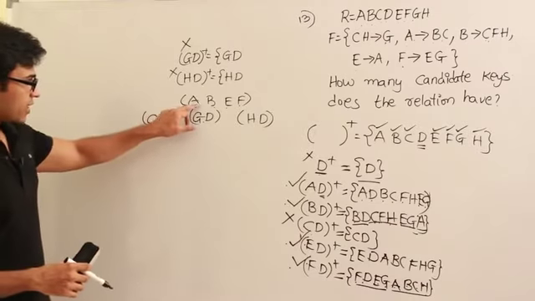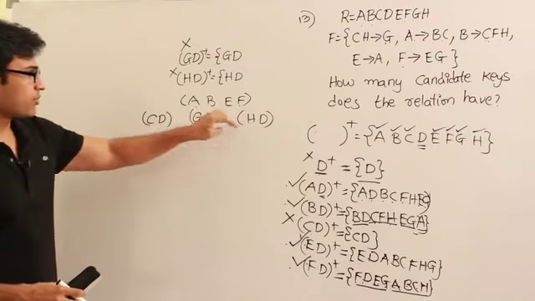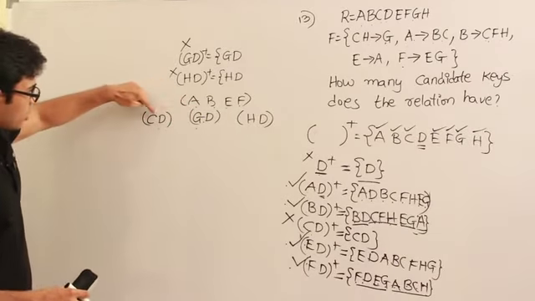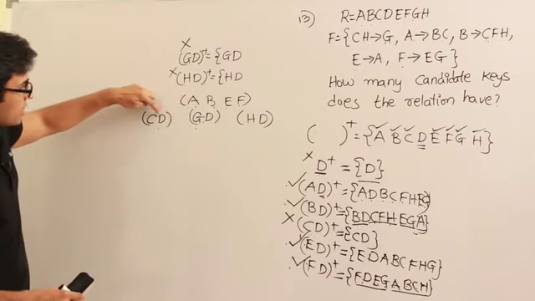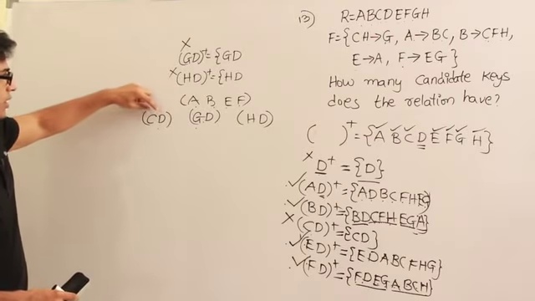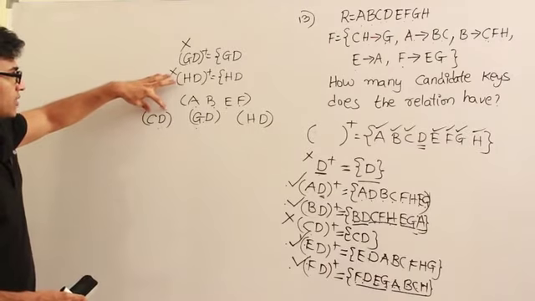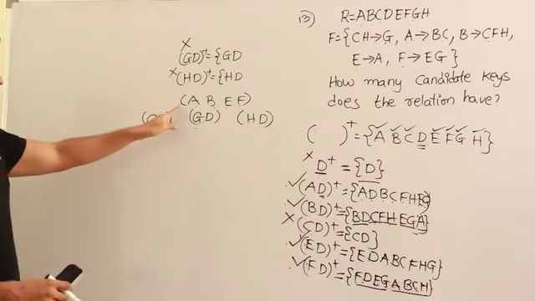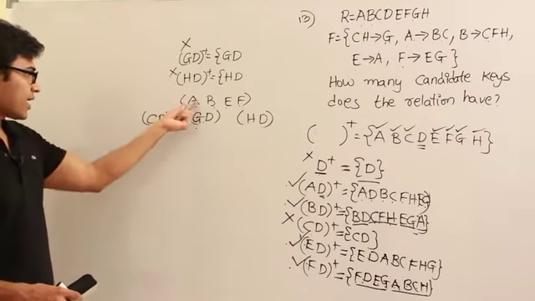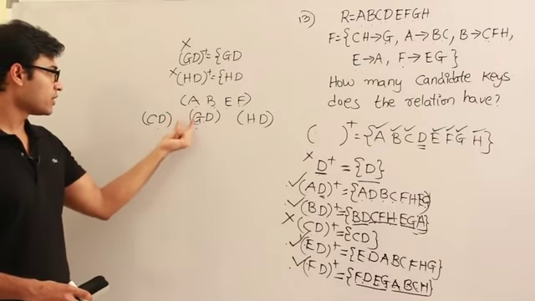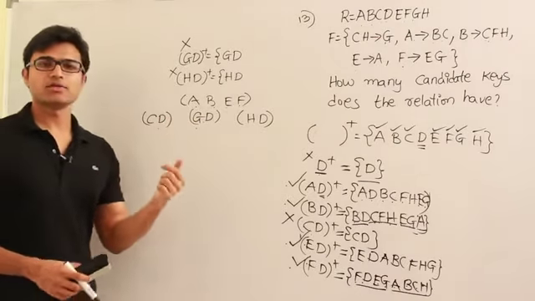Why should I not add A, B, E, F to any of these combinations? If I add A to any of them, then AD itself is going to become a candidate key, which makes the entire thing a super key. So I'm not going to consider them at all, because if I add any of these 4 to any of these 3, that is going to make it a super key.